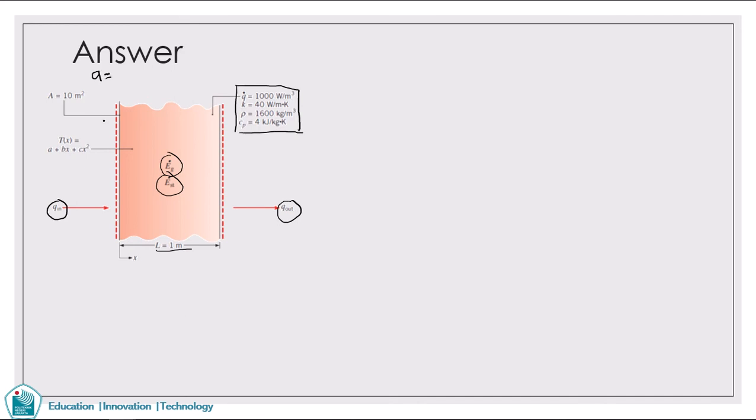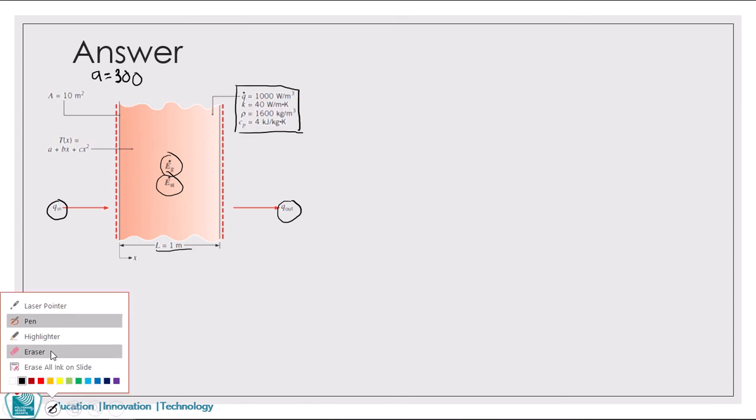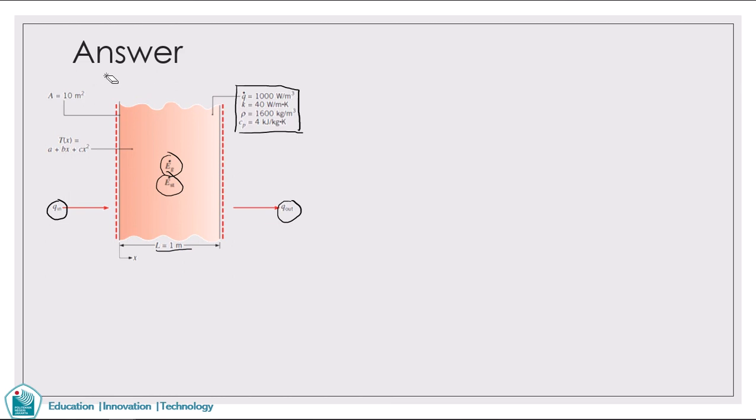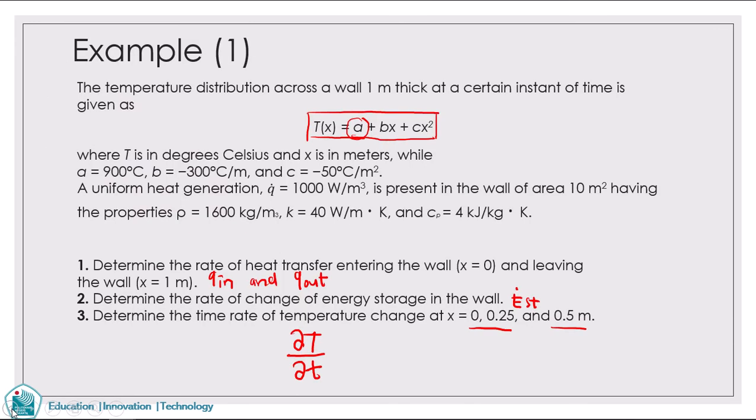So I will write again the value of A. Sorry, the value of A is not 300. Wait a moment, let's go back to the previous. The A is 900 and B is minus 300.